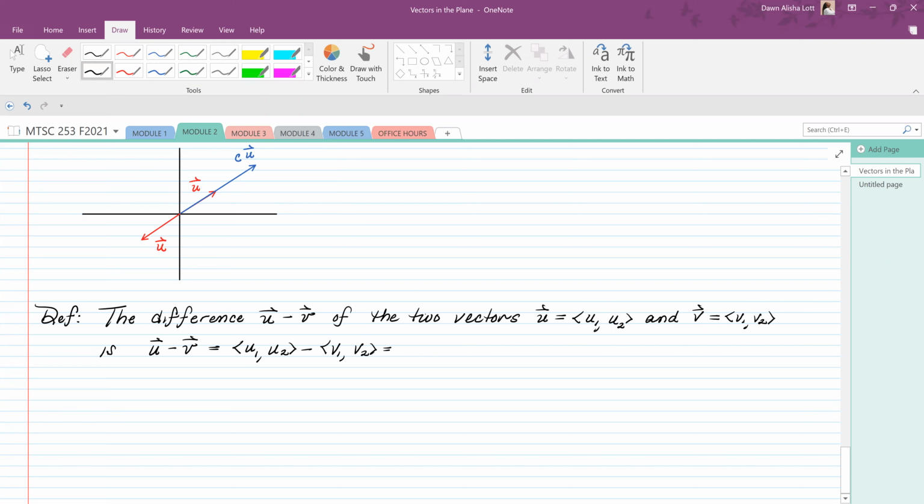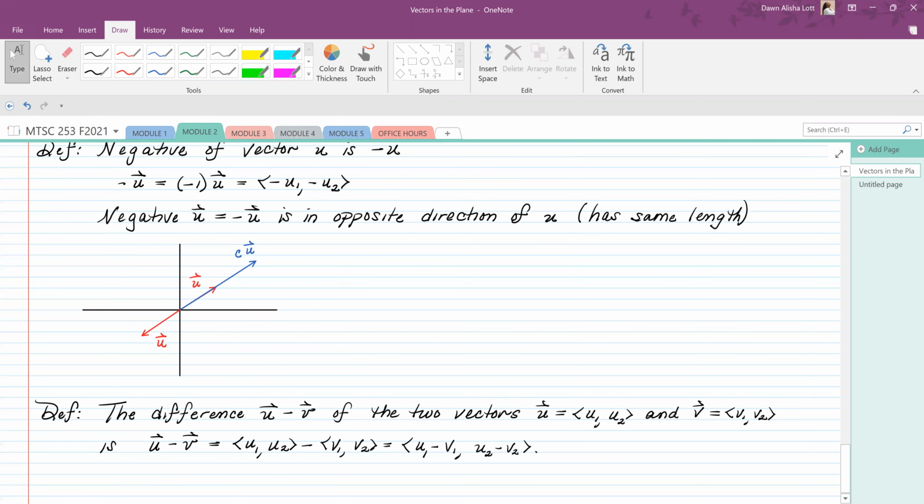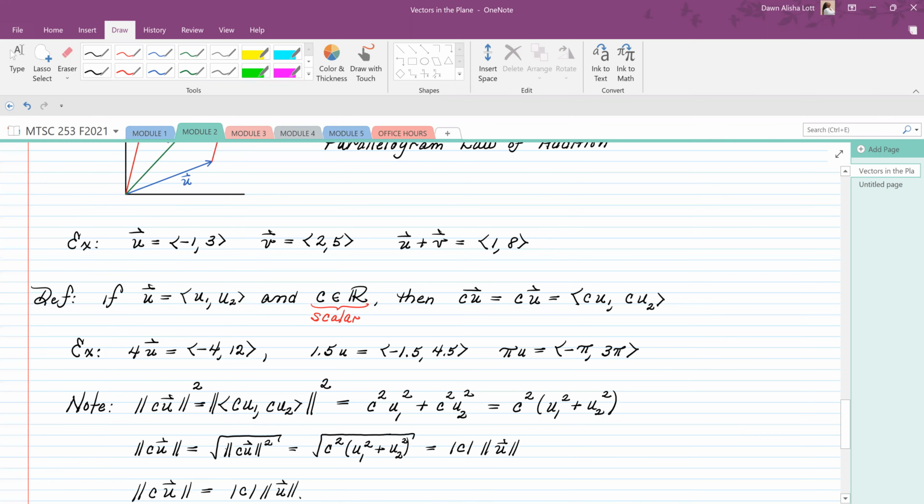So that's just U1 minus V1, comma U2 minus V2. All right. So let's go back to my picture up here. Let's steal this picture again.